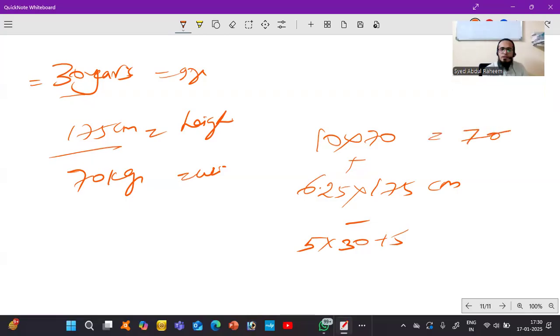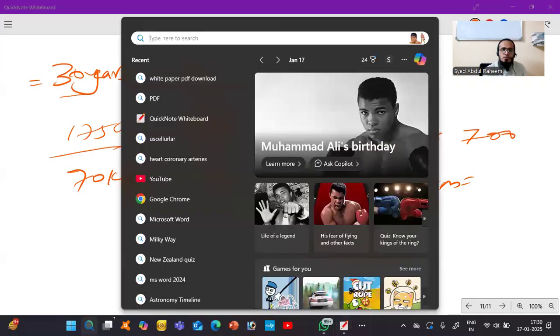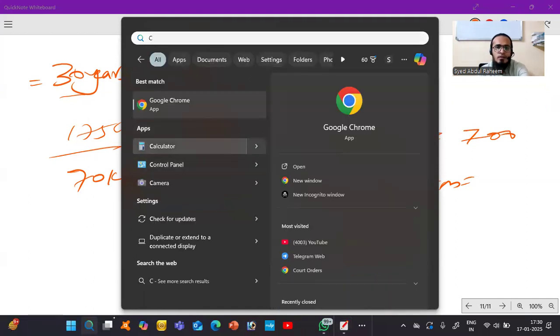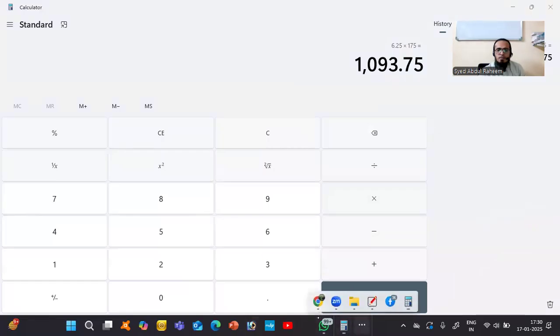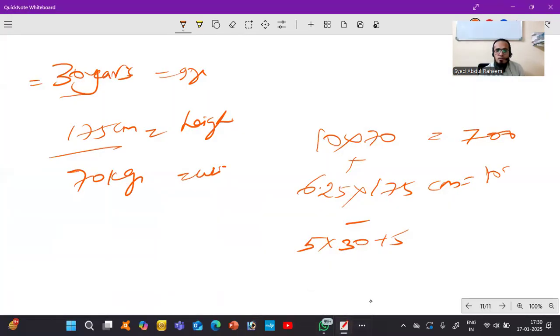This is 700. Now we have to calculate 175 into 6.25, which is 1093. Then minus 5 into 30, 150, plus 5, so 155. So total is 700 plus 1093 minus 155.